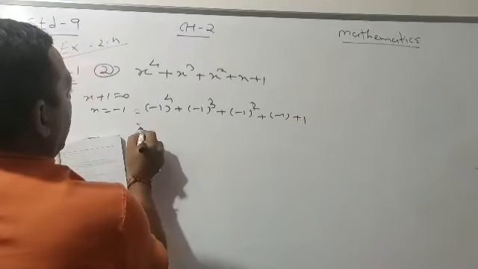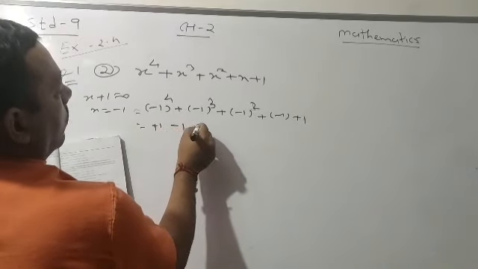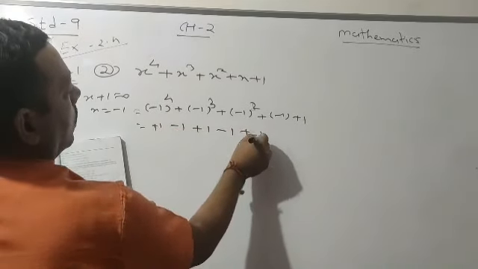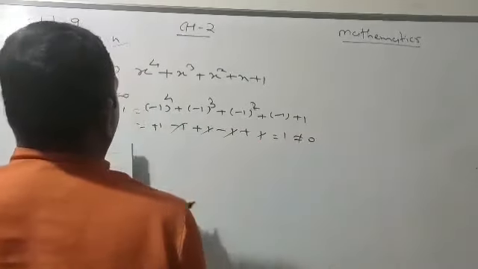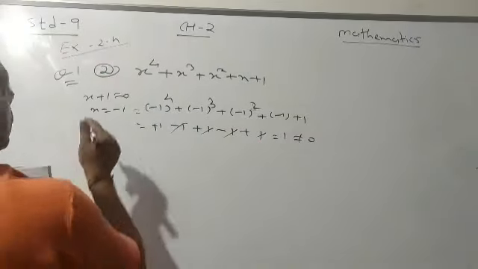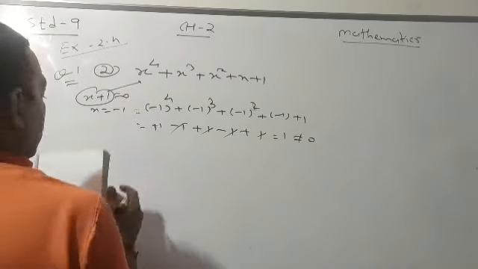Minus 1 power 4 is plus 1, then minus 1, plus 1, minus 1, plus 1. 1 minus 1, 1 minus 1 get cancelled. We get 1, which is not 0. So x plus 1 is not a factor of the given polynomial.